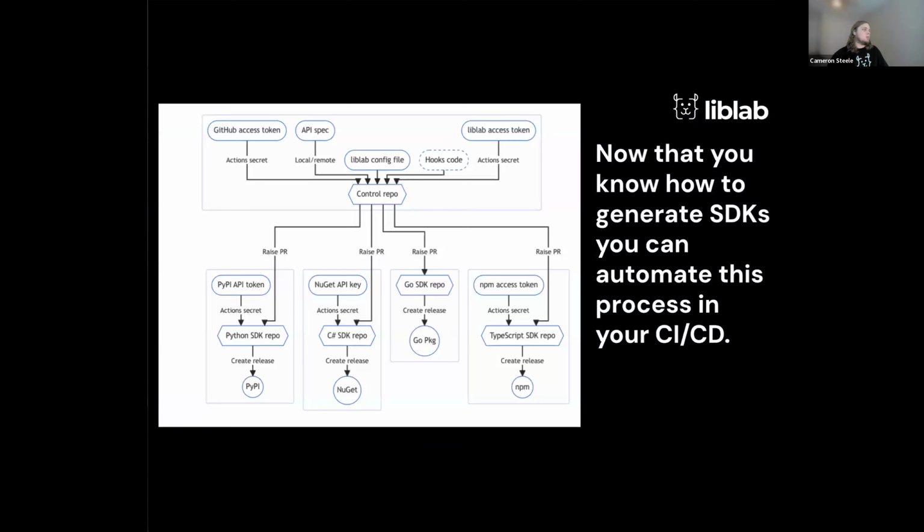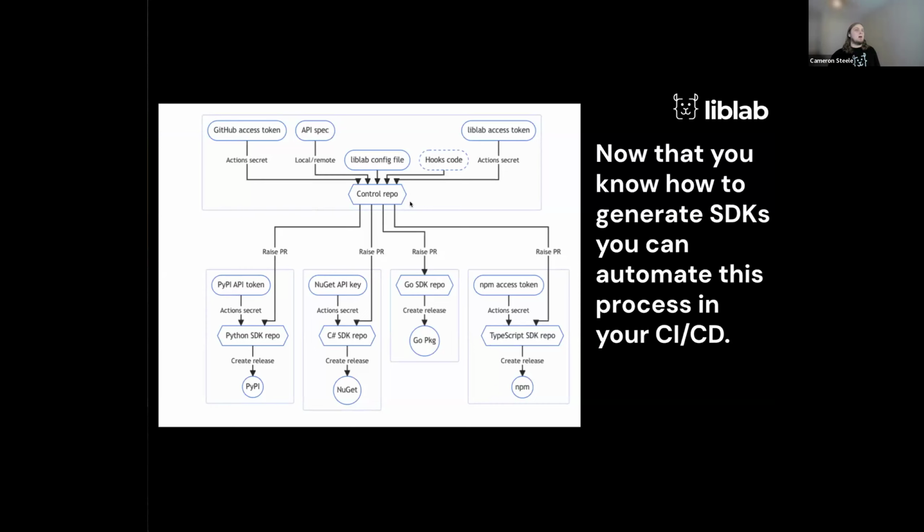Okay, so this is an example of how workflows work typically in a GitHub CI/CD pipeline. We have what we call a control repo. You can see it right here. And this stores all of the state of the code generator. This will include the configuration file, any customizations, sometimes the spec, sometimes you'll keep the spec in some other repo.